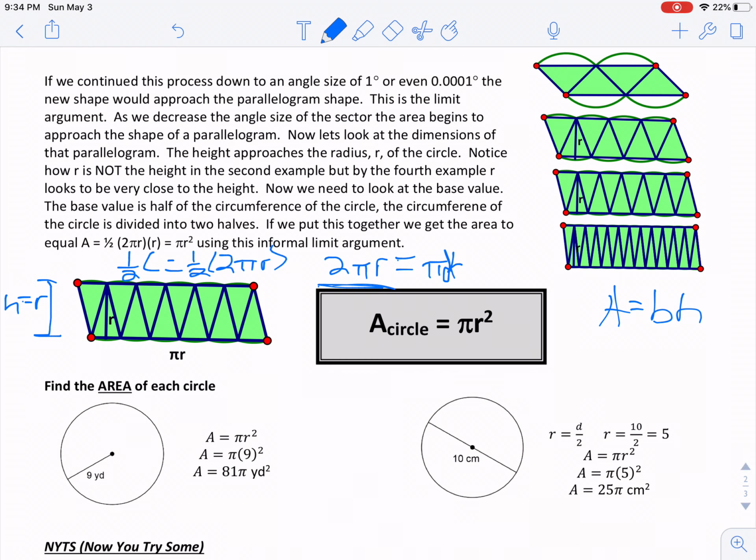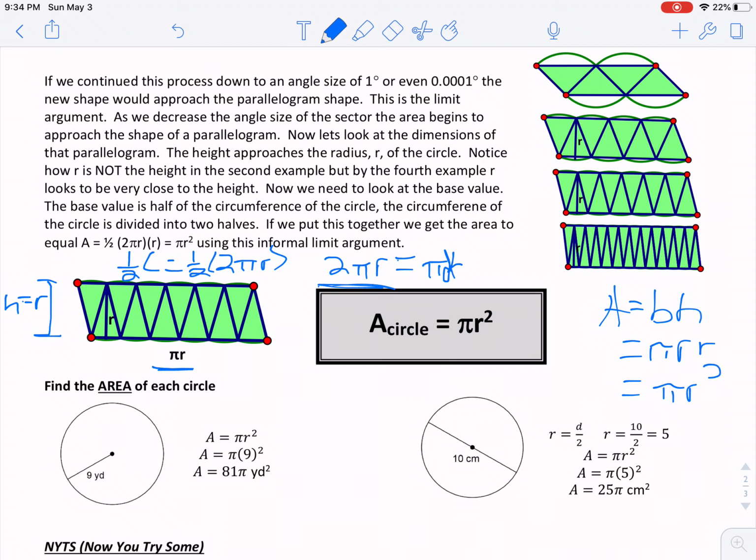All right. So if we use the area of a parallelogram, because we're close as we make infinitely many cuts, we have pi times r times the height, which is radius, which is pi r squared.